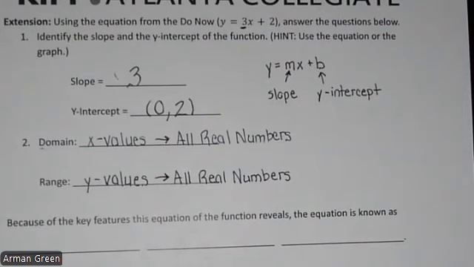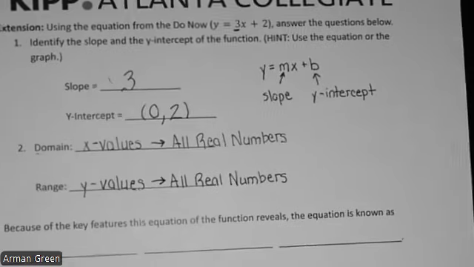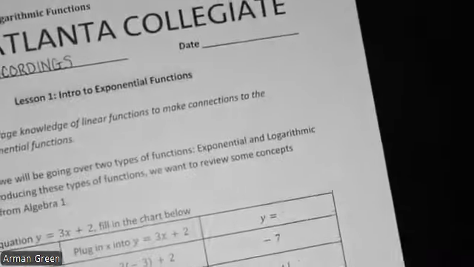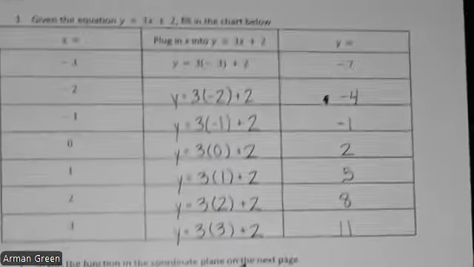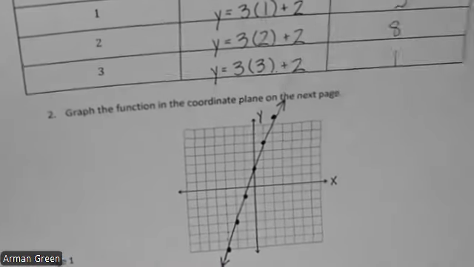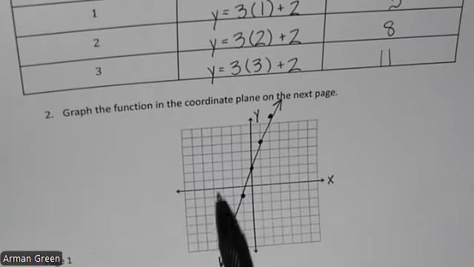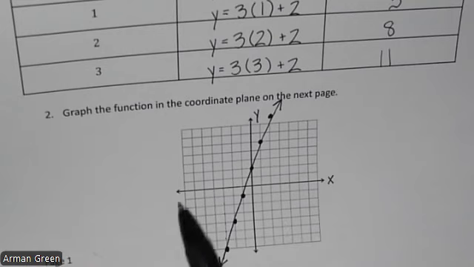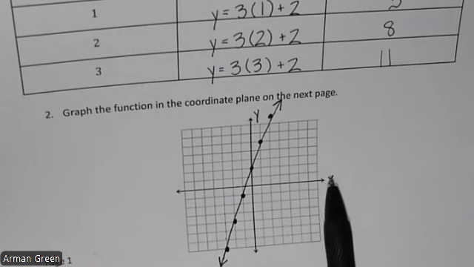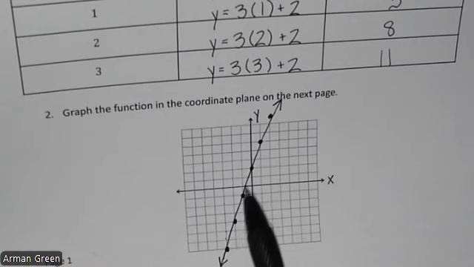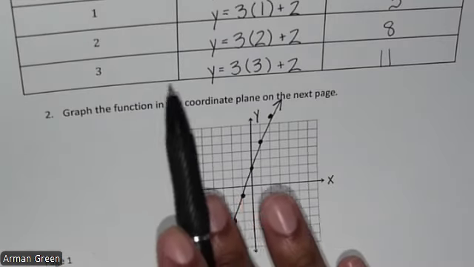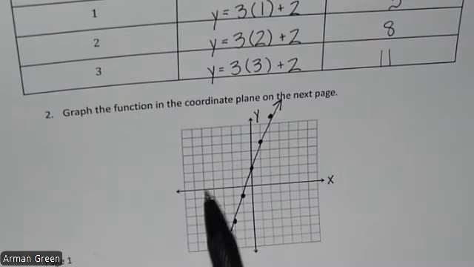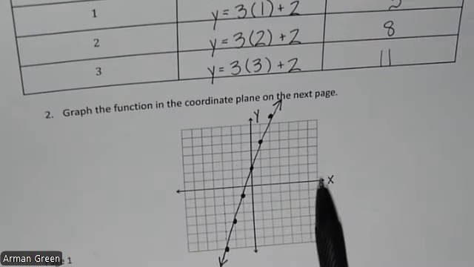To help us even visualize that, if we want to refer back to the graph from the do now, I'm just going to go back here for a second. If we look at the graph at the bottom of our do now, same idea. With domain, I can plug in any number on this x-axis that I want. I didn't plug them all in, but in theory, if we did the same approach as we did up top, I can plug in any number on this x value to get something.